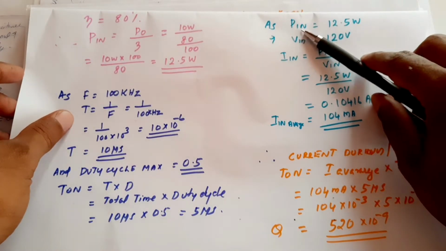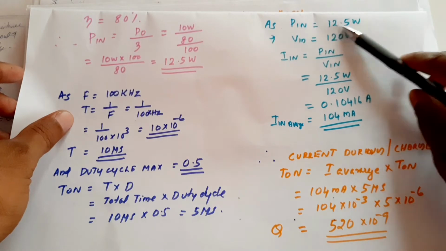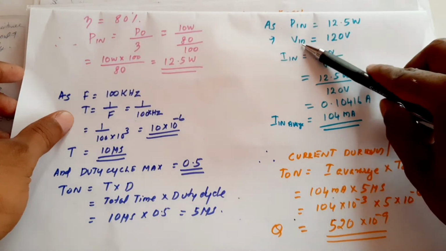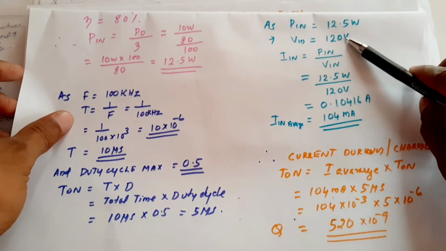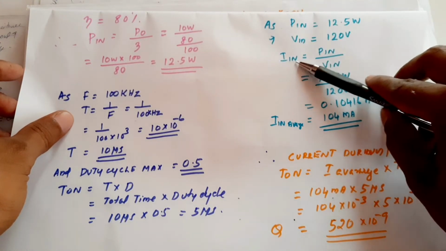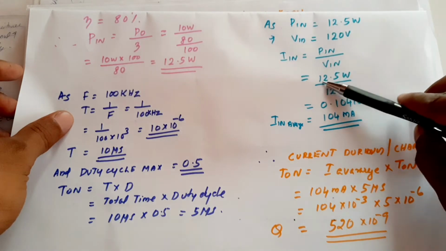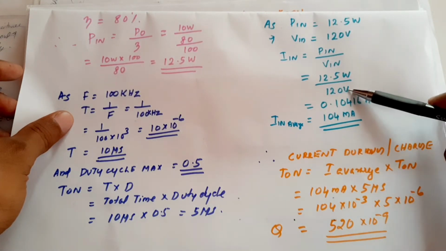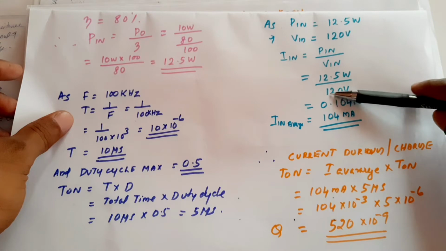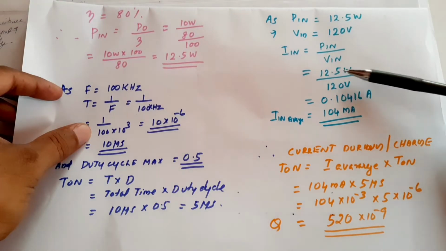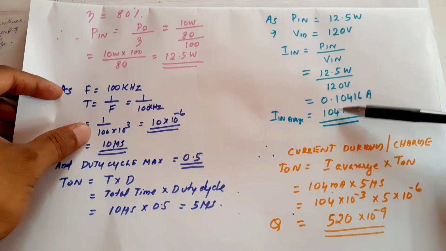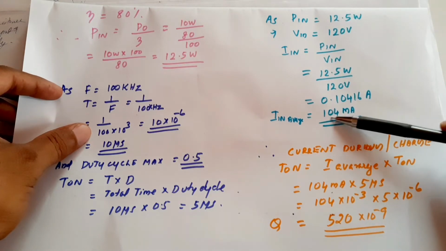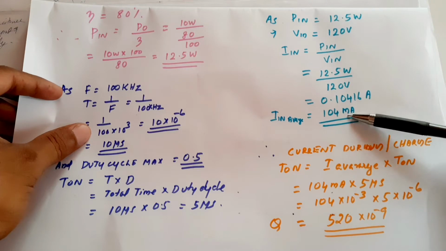So in order to get 12.5 watt at the input, when the input DC capacitor voltage is 120 volts, the current will be P in by V in. That means 12.5 watts divided by 120 volts. This will give 104, that is 104 milliampere.